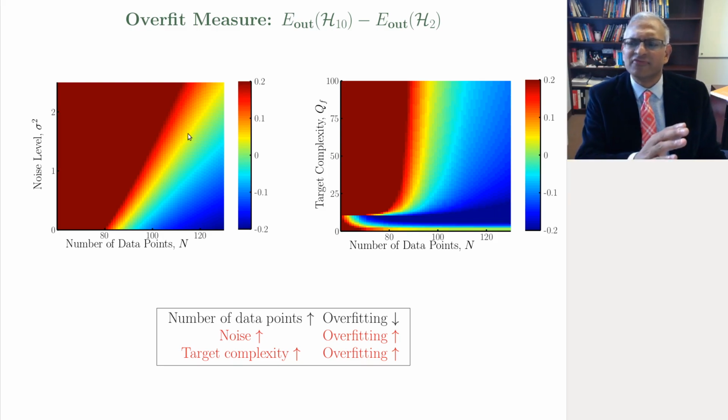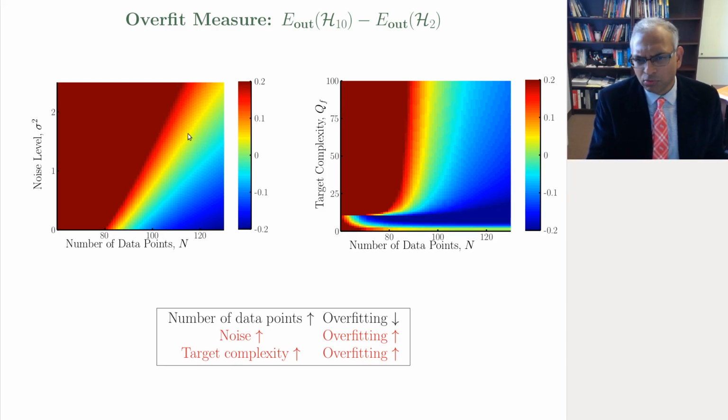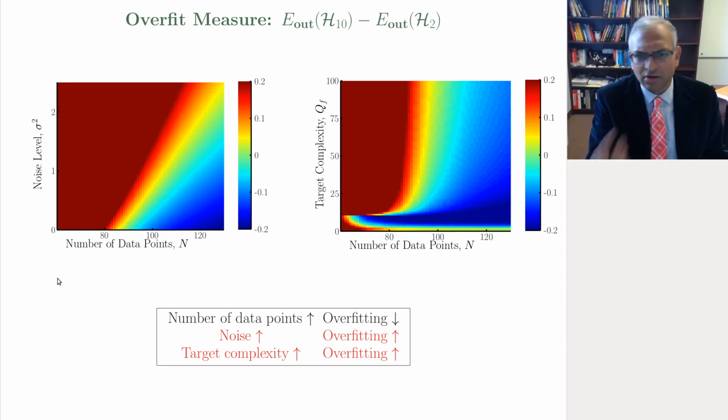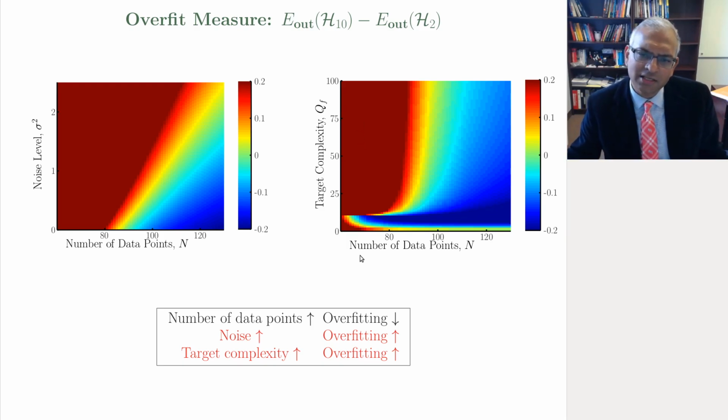And you see a very similar picture in terms of where is the blue and where is the red. Now, these nice linear, color-coded regions are due to the linear model and the way noise affects the out of sample error. Here we have the target complexity, and you still have these red regions and blue regions similarly positioned. Okay, and the message is still the same.